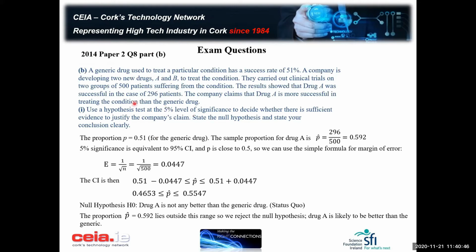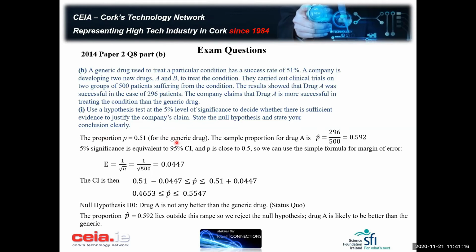Right, and we're told that there's a generic drug that has a success rate of 51%. That 51% is a proportion, so it's p equals 0.51. And they're saying that there are two new drugs, A and B, and they have two groups of 500 patients. For the first group of 500 patients, it was successful for 296.